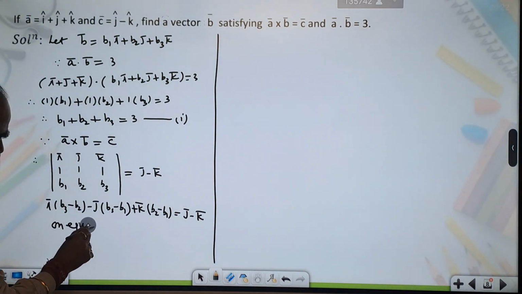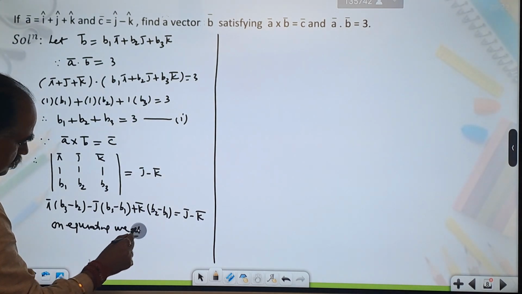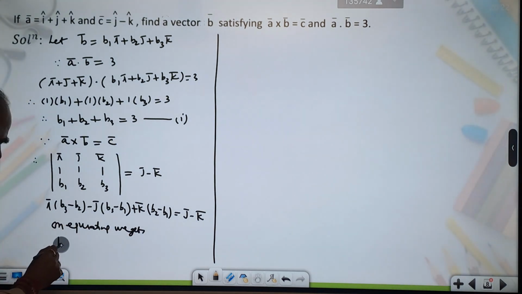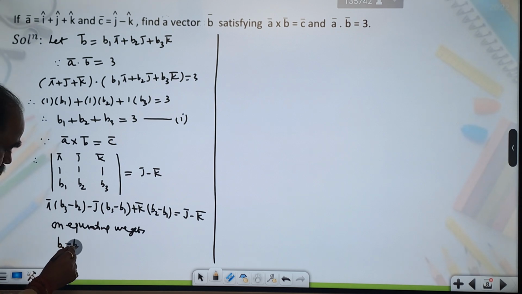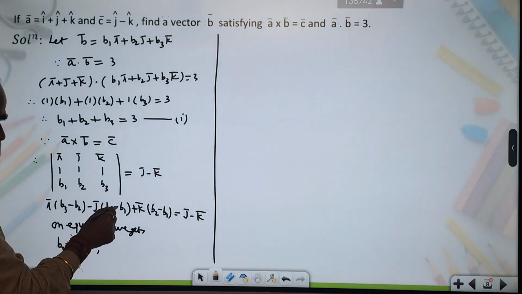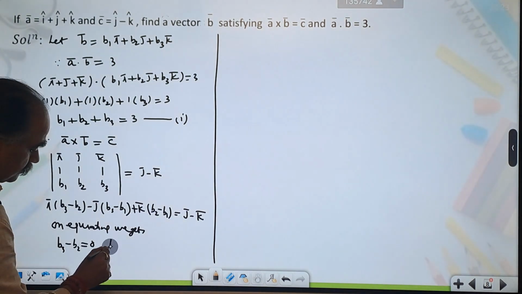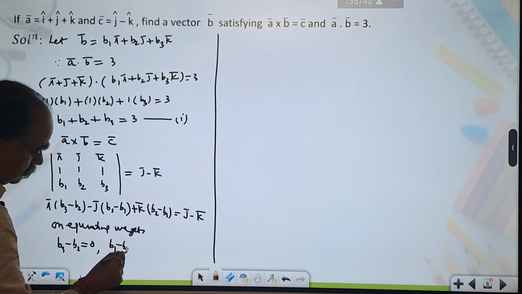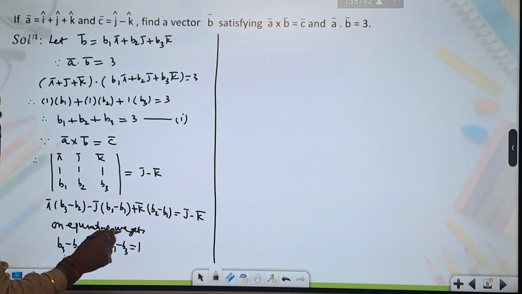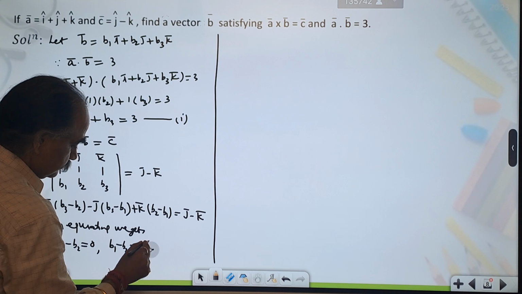On equating, we get b3 minus b2 is 0. Multiplying the negative, it becomes b1 minus b3 is 1, and b2 minus b1 is minus 1.